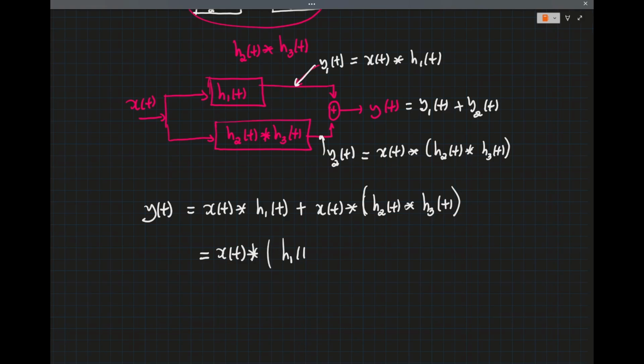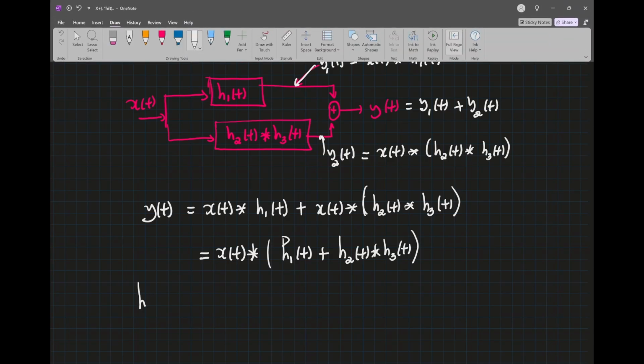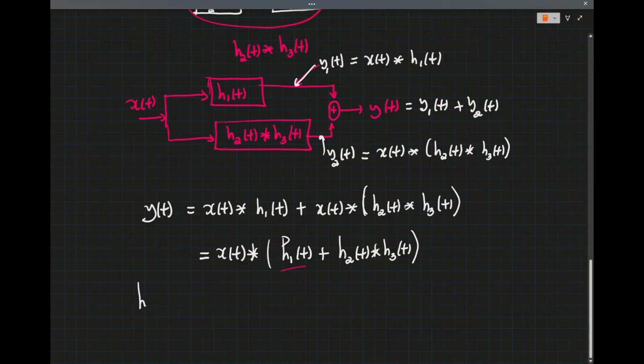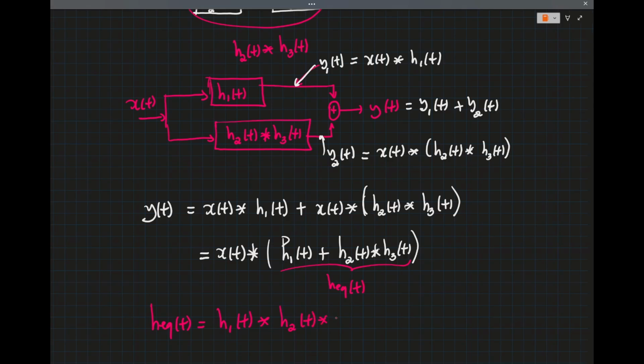That gives me h1 of t plus h2 of t convolved with h3 of t. As you can see, this is h equivalent of t. So the h equivalent we're looking for in the first question is h1 of t plus h2 of t convolved with h3 of t.